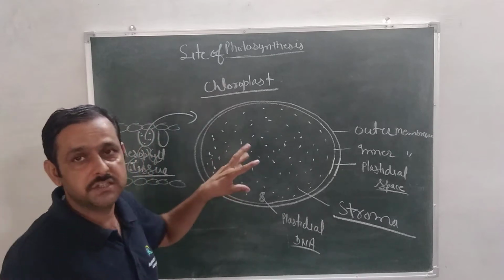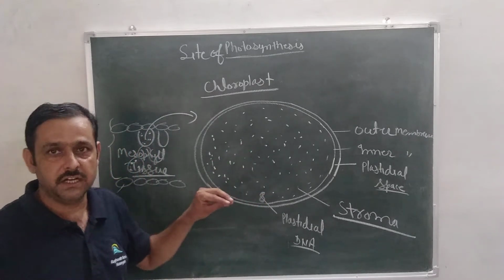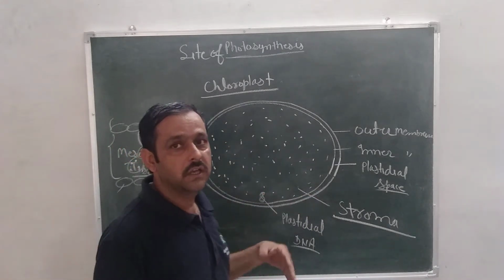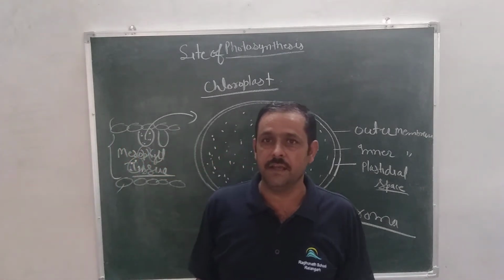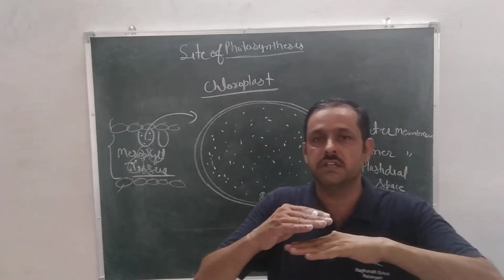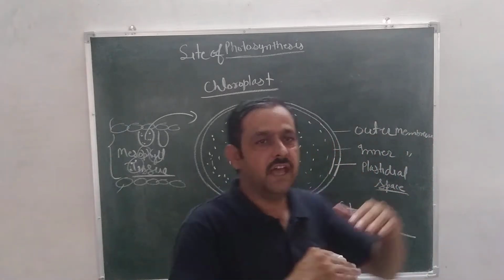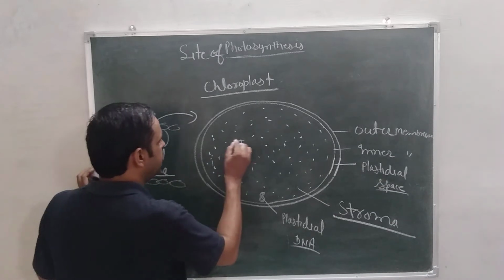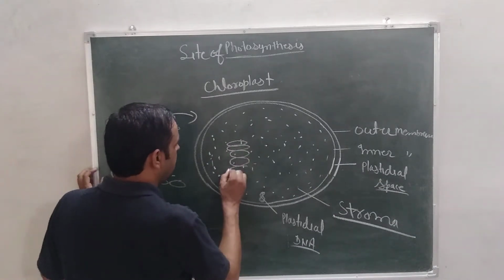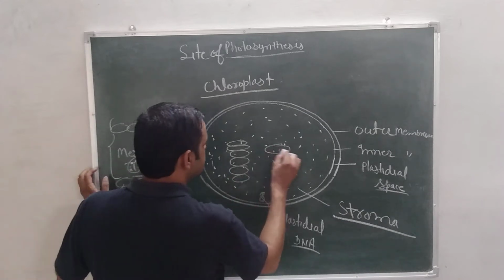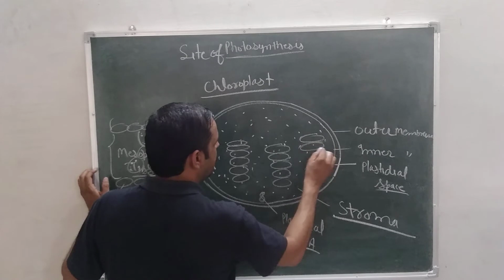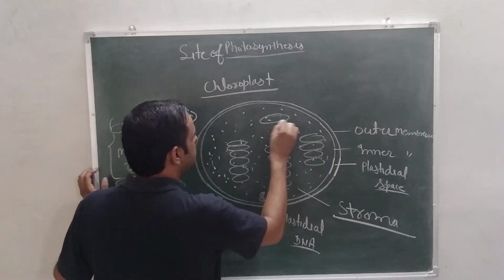Among them, there is a solid part present in chloroplast called grana, and grana is like a collection of coins. Whenever we arrange coins one upon another, the structure formed is called grana. So this is called grana, and there are so many grana, and grana is the site of light reaction.